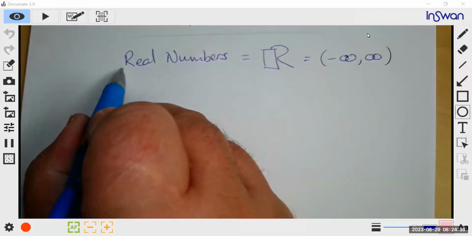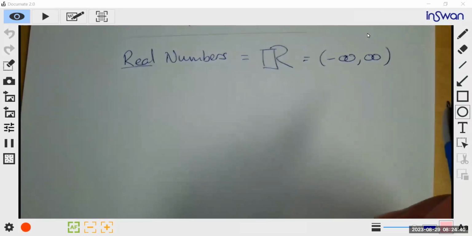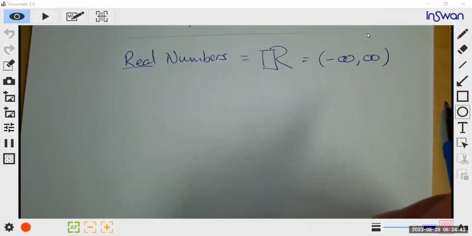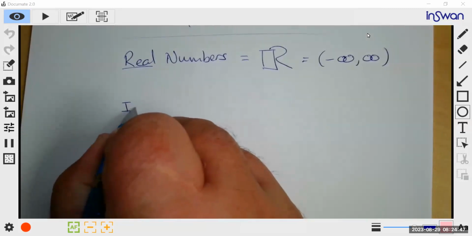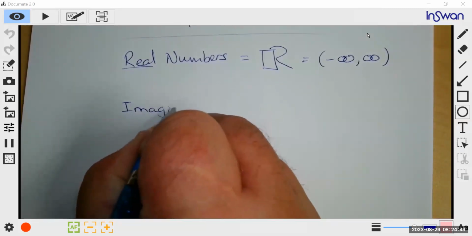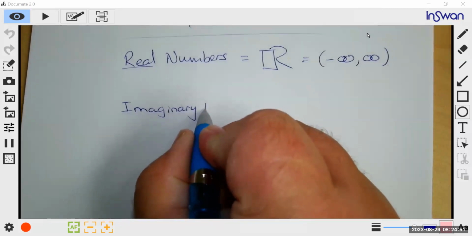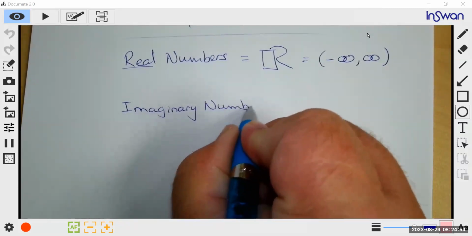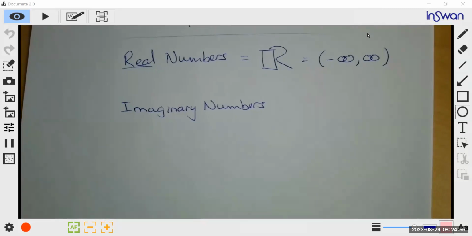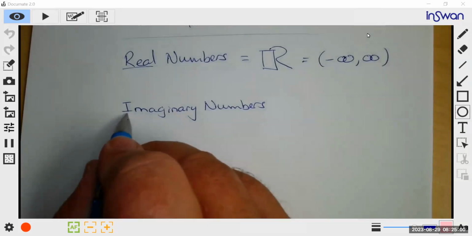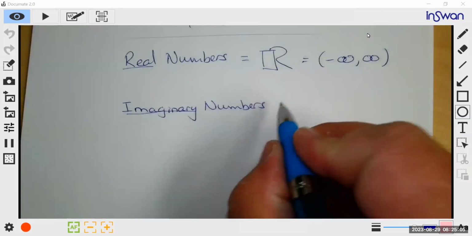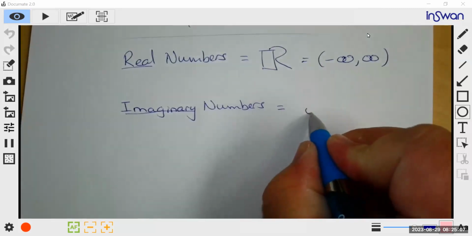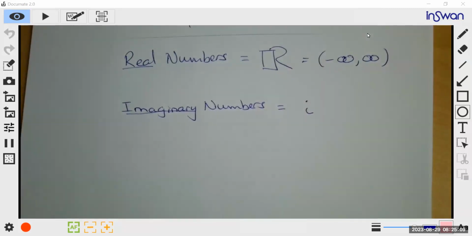But they're real numbers. What's the opposite of real numbers? Imaginary numbers. Remember, if it's not real, it's imaginary. Imaginary numbers have that letter after them.